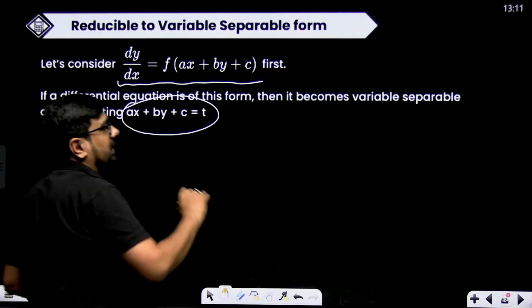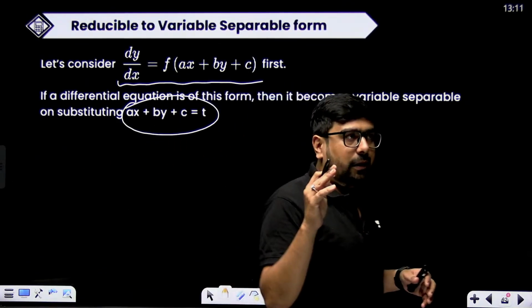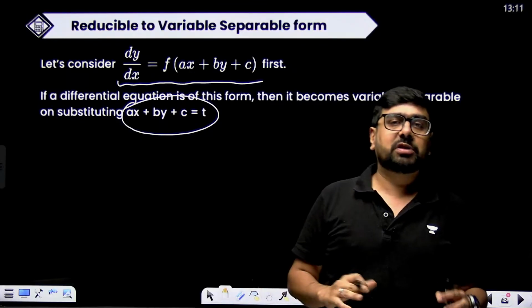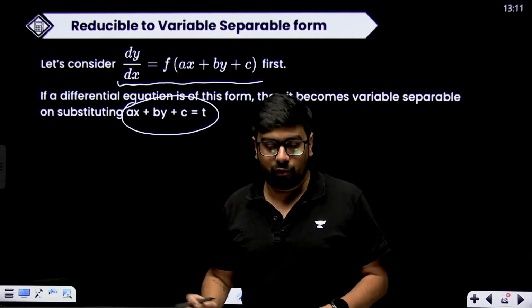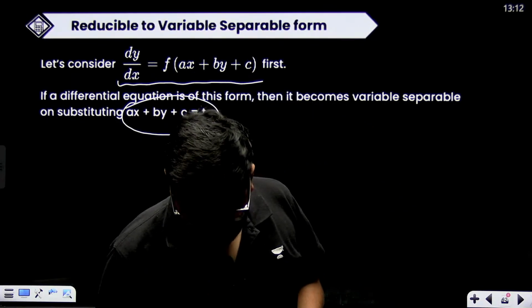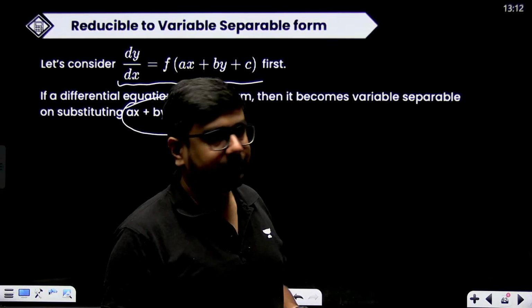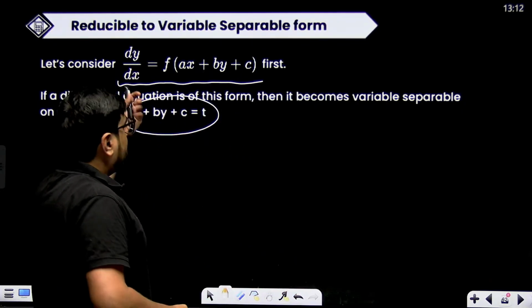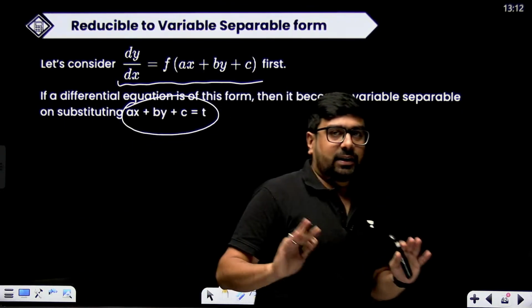If you have learned substitution very well in integration, then here also you won't find much of a problem, because it's going to be kind of similar. So always relate.